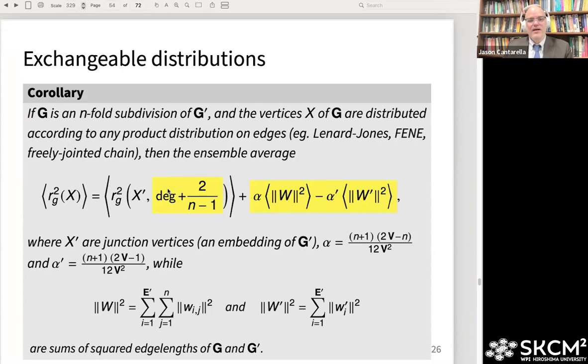So in some sense, this offers a correction to Eichinger's model. Eichinger would have said, well, just take the radius of gyration of the junction vertices equally weighted and forget about the intermediate monomers. This model suggests that you should not equally weight the junction monomers.